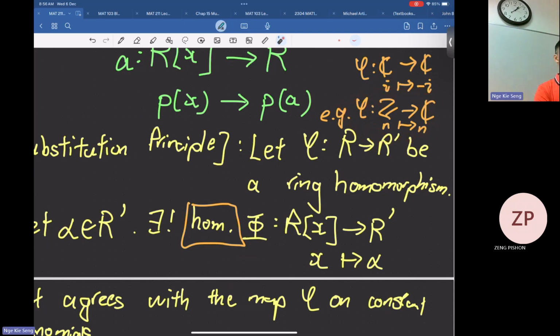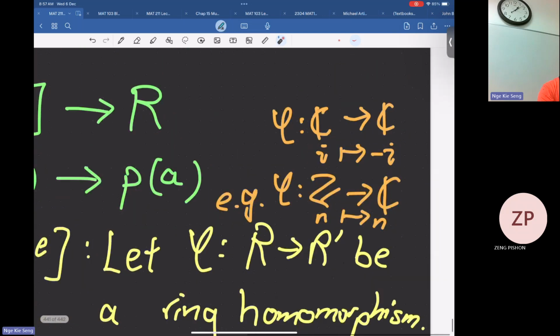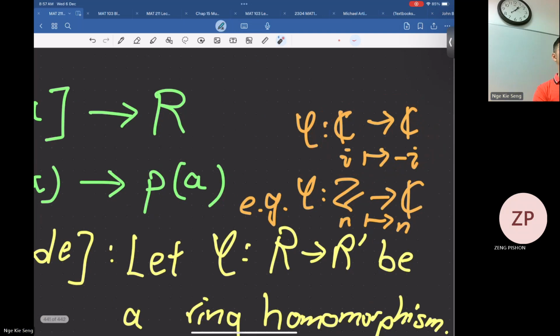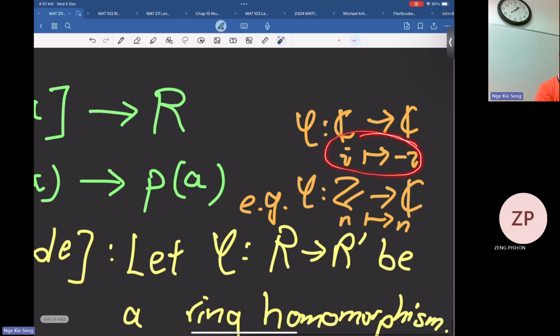So typically, if we don't play tricks, it is just inclusion. But sometimes in number theory, maybe we need to play some trick. We need to do some conjugation, swap between roots of unity, something like that. So you should see that i to minus i is some swapping.